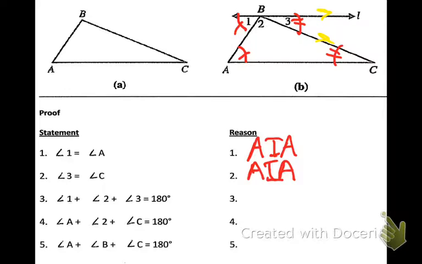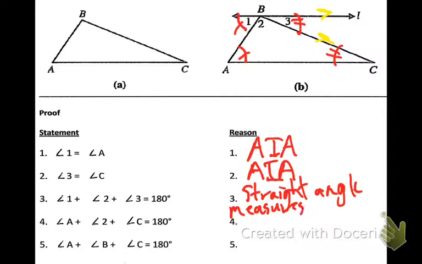You're on the right track, though. Yeah, it's a straight angle, right? A straight angle is measured up to 180. So those three angles make a straight angle. So a straight angle measures 180 degrees.